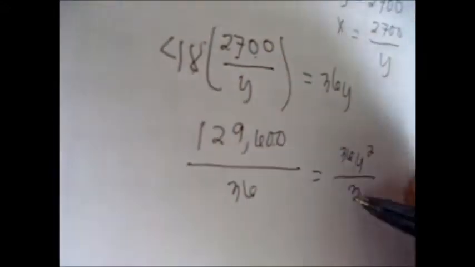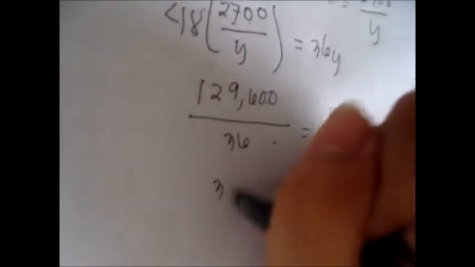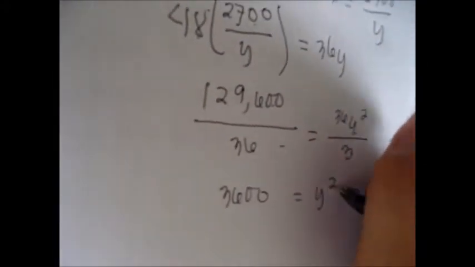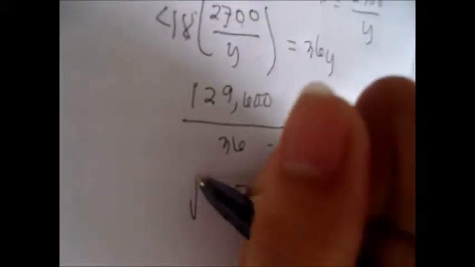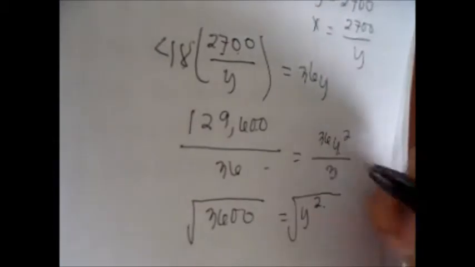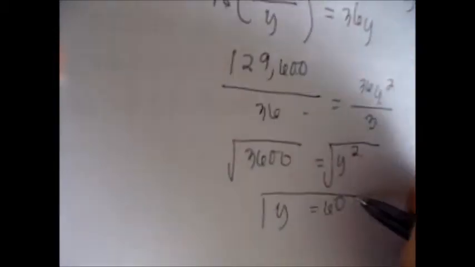We multiply this and this. Now we get 3600 is equal to y squared. Then we need to take the square root of this. Then the answer is y is equal to 60. We now get the value of y.